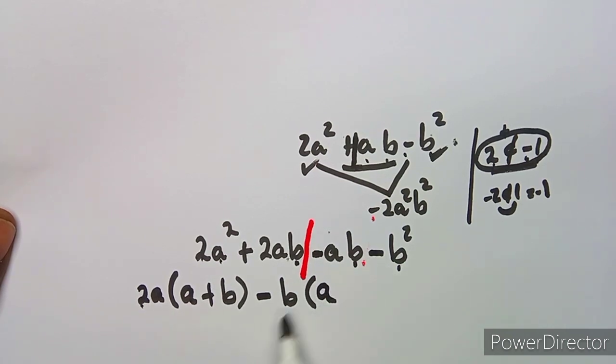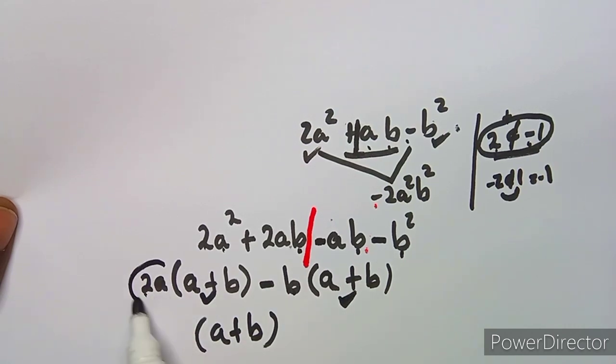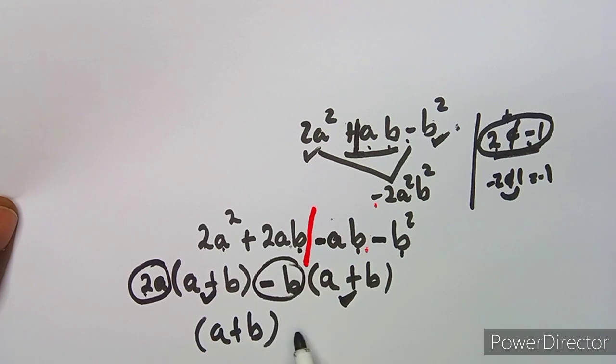Minus and minus cancel, b squared divided by b is plus b. So the brackets are now the same, so you factor out that bracket, then you are left with 2a minus b.